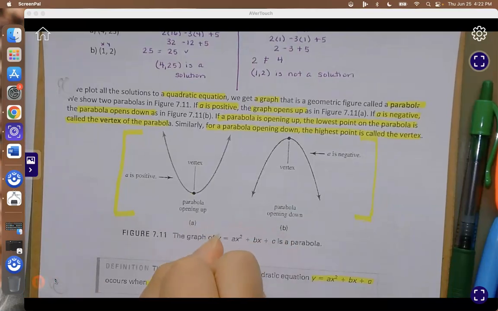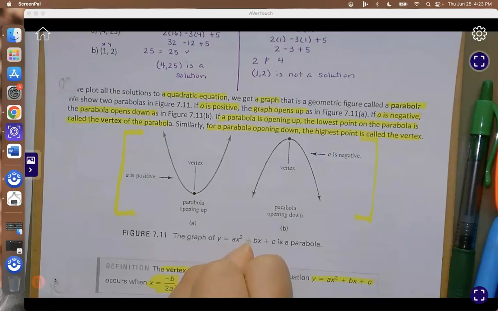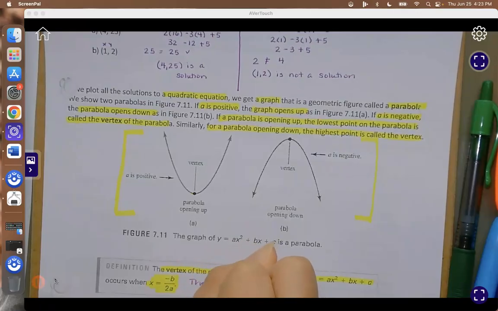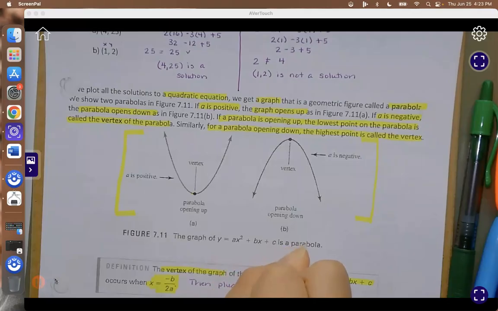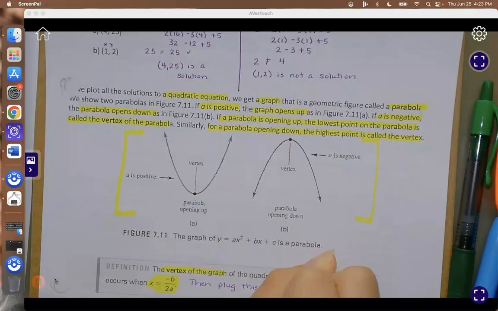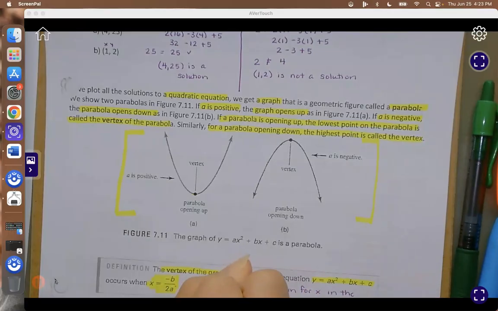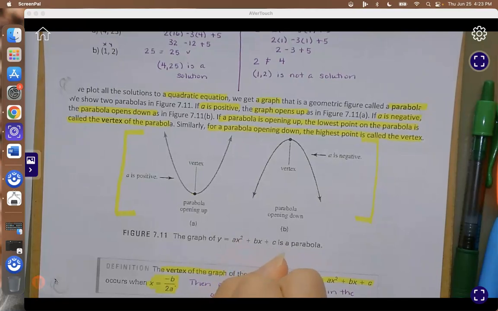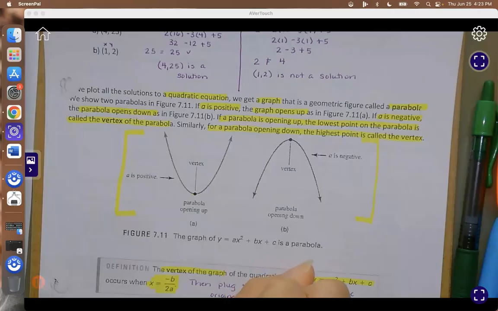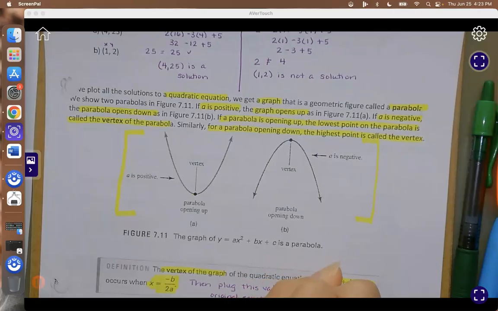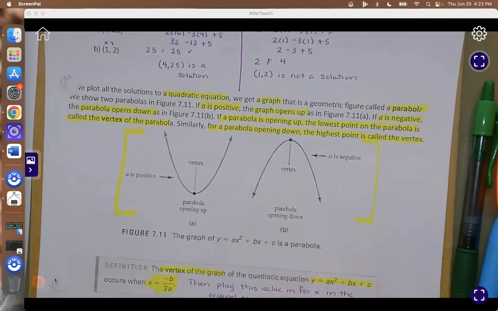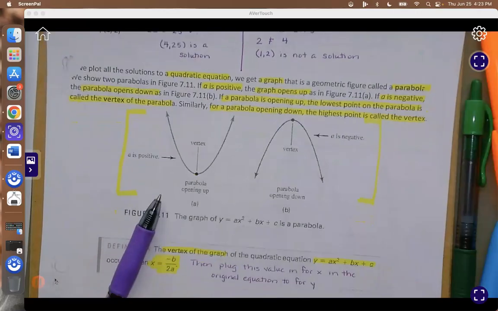Then plug this value in for x in the original equation to find y. It's supposed to say to find, not to for. To find.